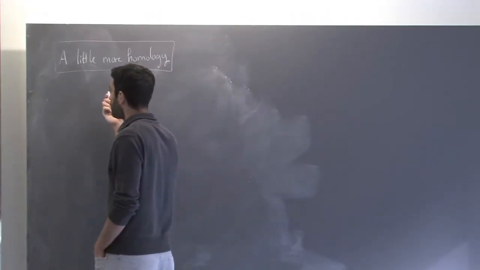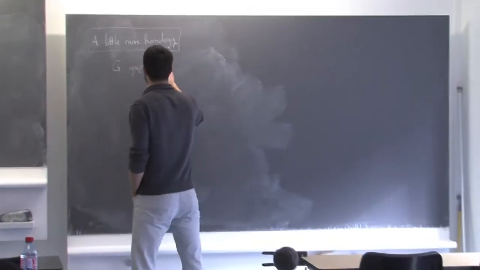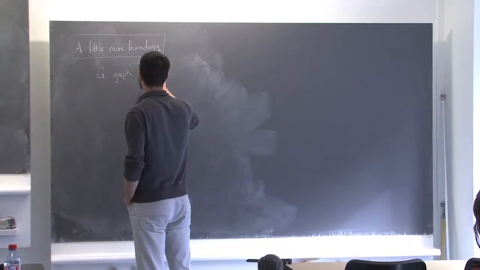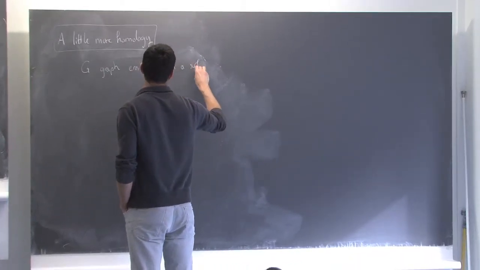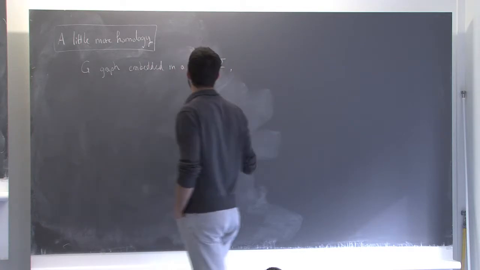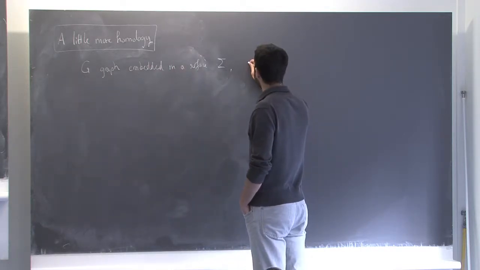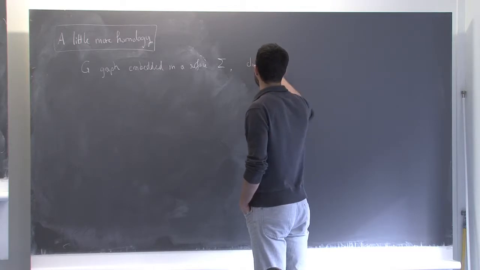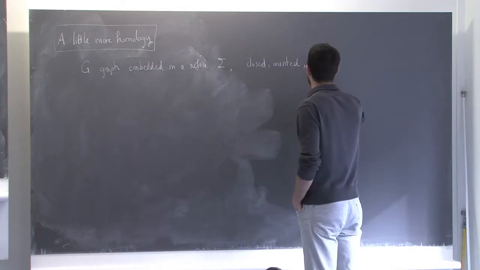So again, we take the same setting that we always had. We take G, a graph that is embedded in a surface sigma, which I will assume, as always, to be closed, oriented, and connected.